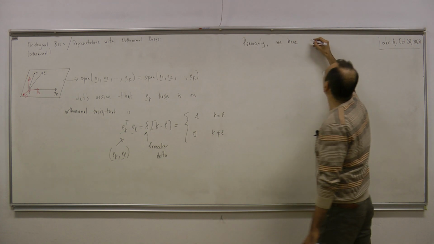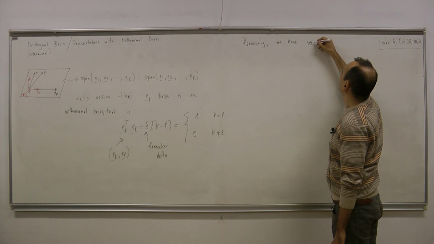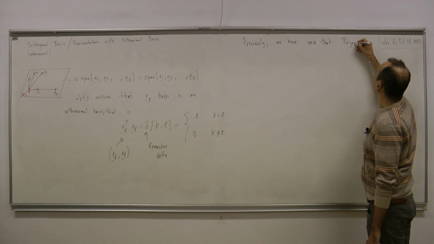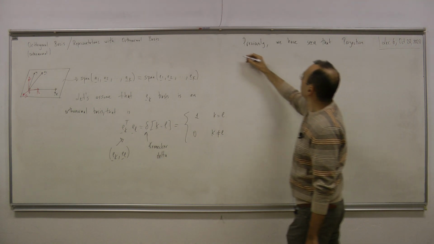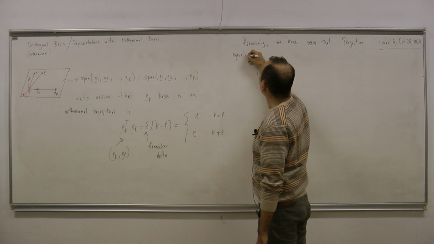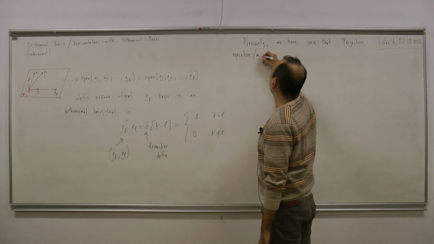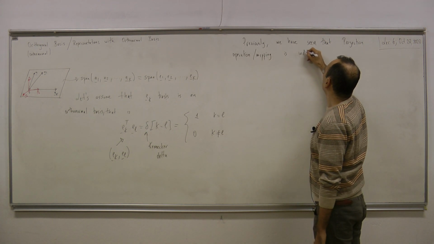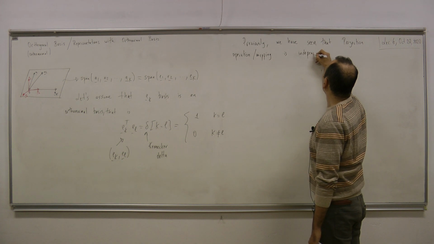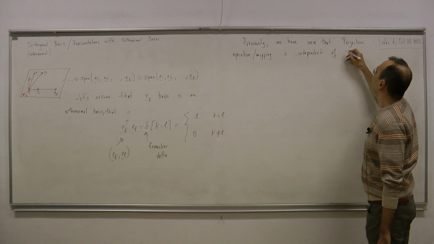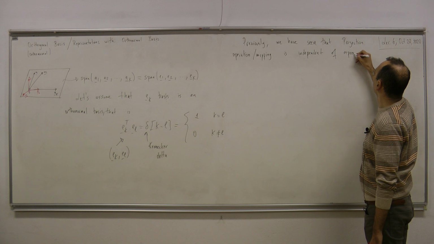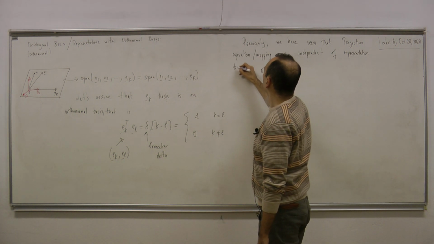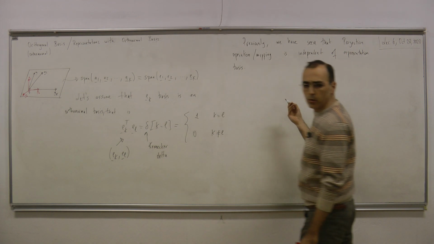Okay. So previously, we have seen that the projection operation or mapping is independent of the representation basis. So what's the meaning of this?